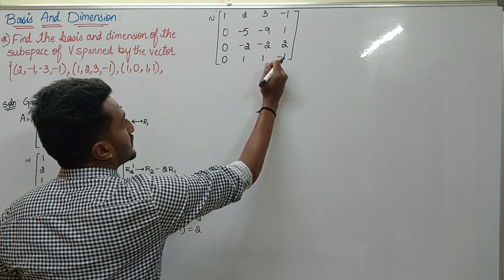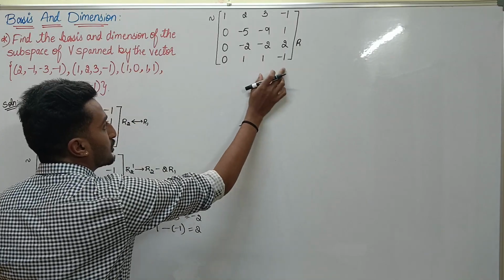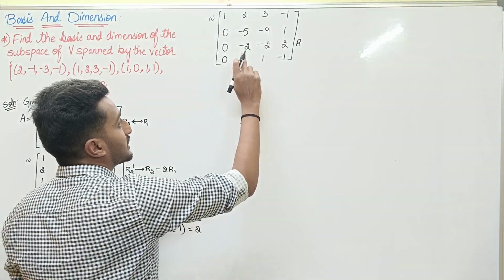So what I am going to do is just interchange. Because the fourth row's leading element is 1. Or else let us divide this only.